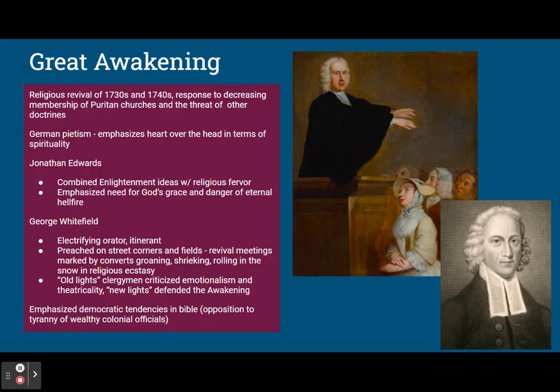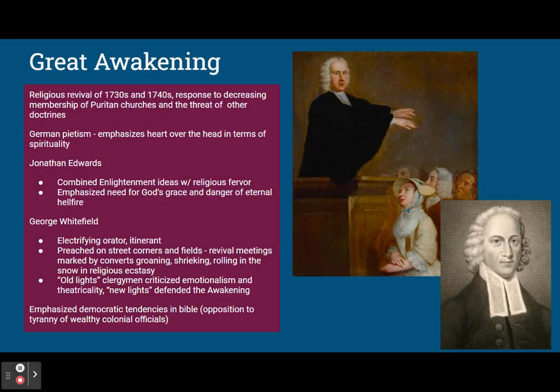And they were marked by people converting, groaning, shrieking, rolling on the ground, rolling in the snow in this religious ecstasy. Now, there were some who disapproved of this. Older clergymen, sometimes referred to as old lights, criticized this emotionalism and this theatricality, and said that it was just against the ways and not appropriate. And then, of course, new lights were going to disagree with this.